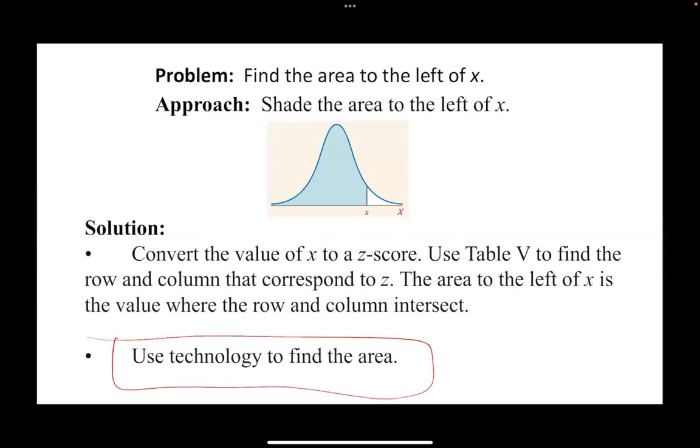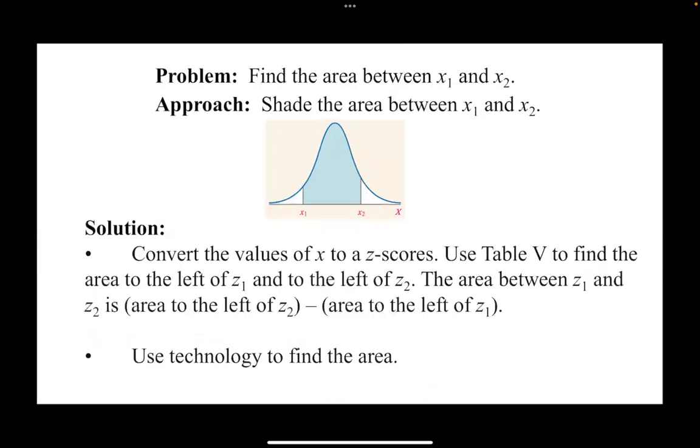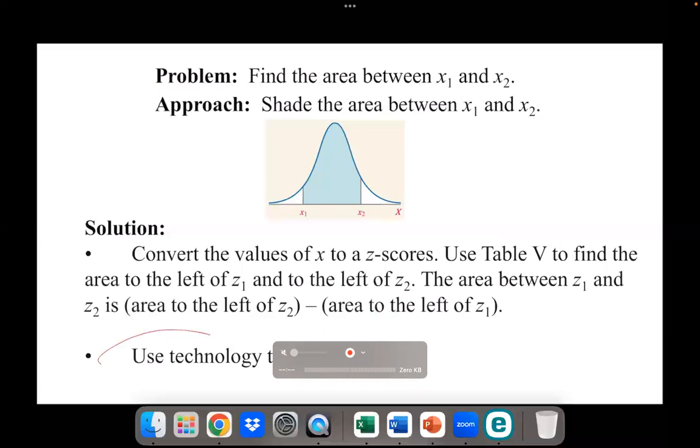It's easier. Okay. So if we were finding in between, this shows you how to use it with your Z table. But as I said just a second ago, use your technology.